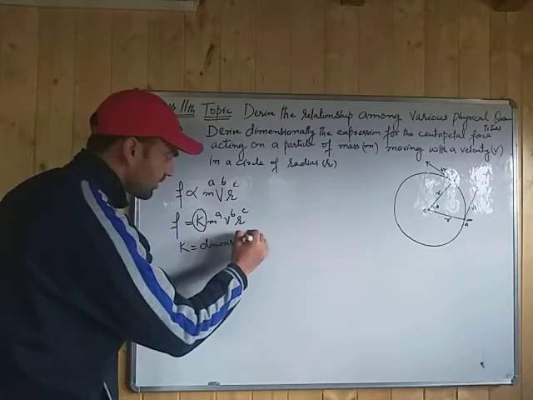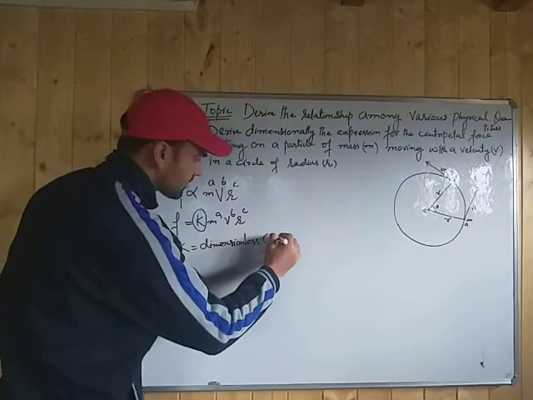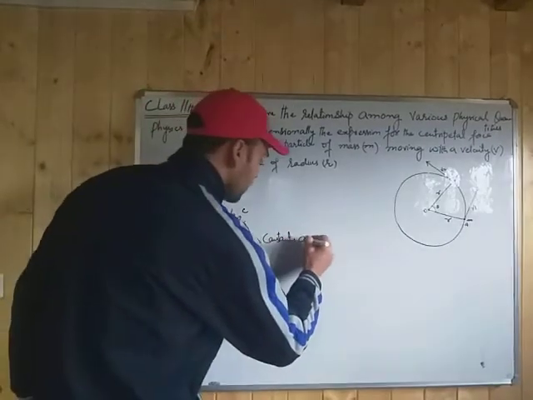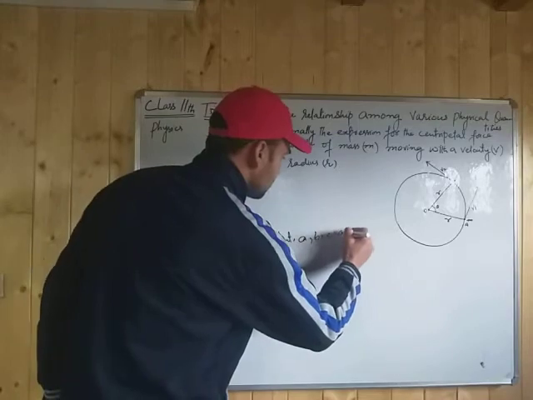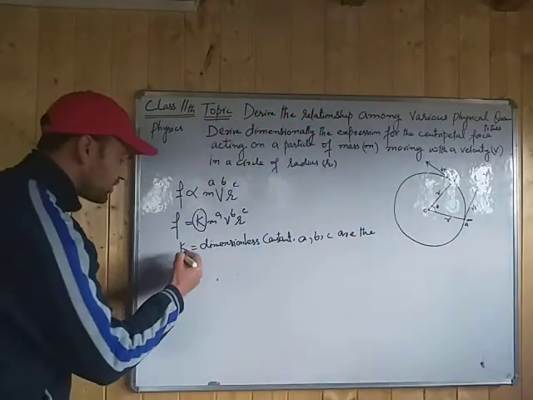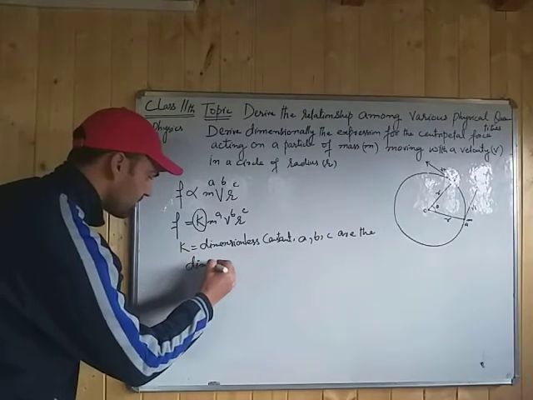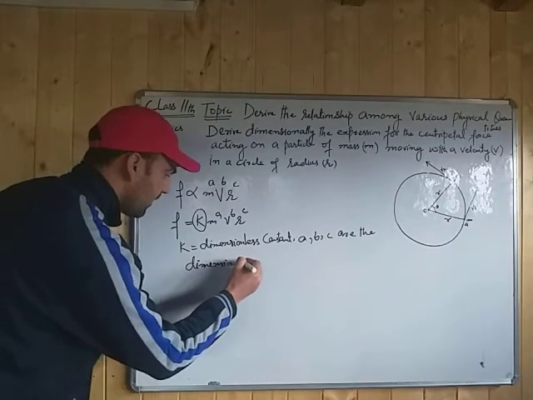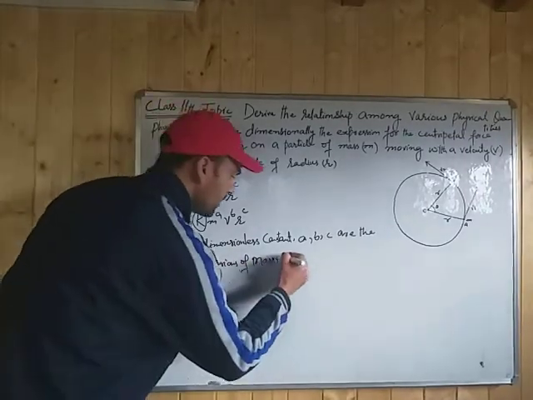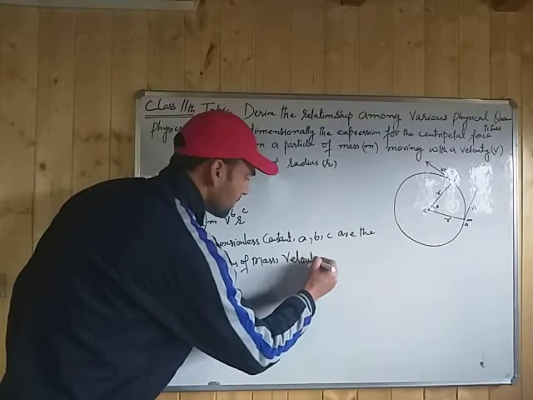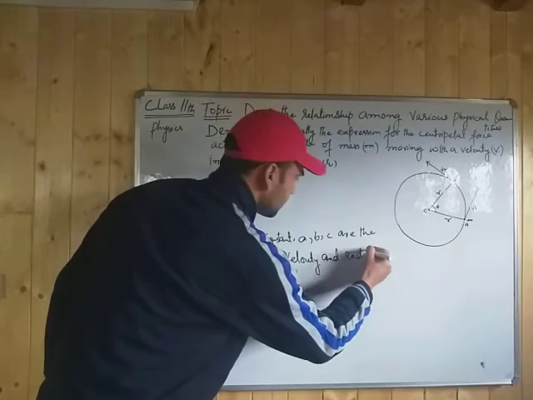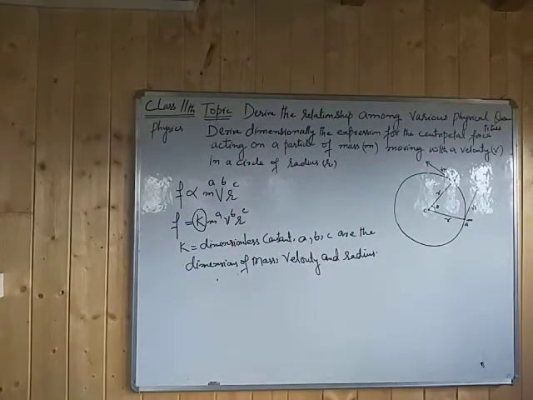And A, B and C are the dimensions of mass, velocity and radius.